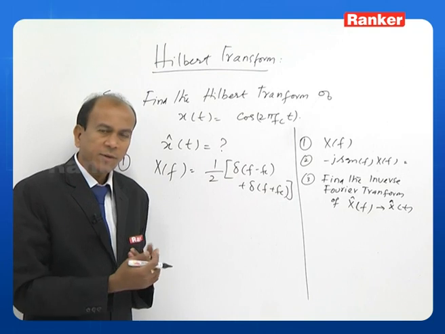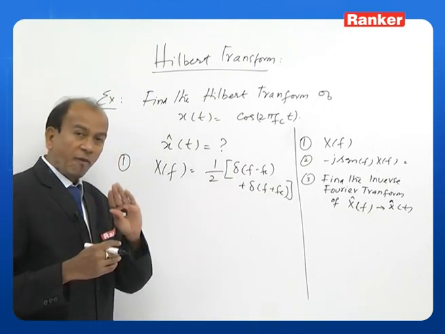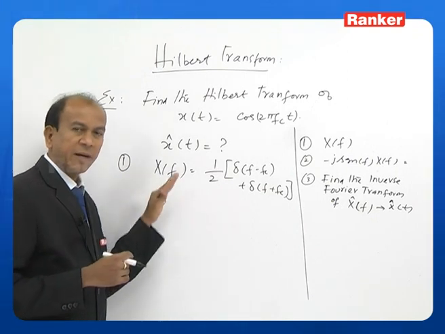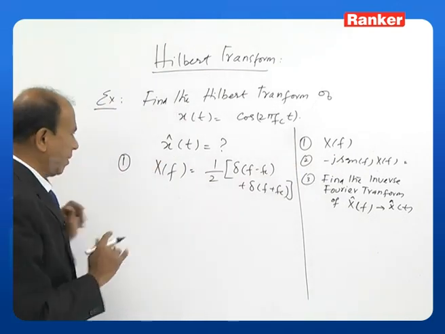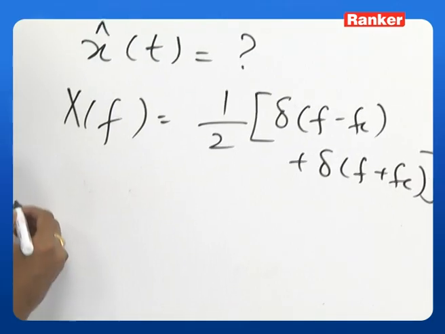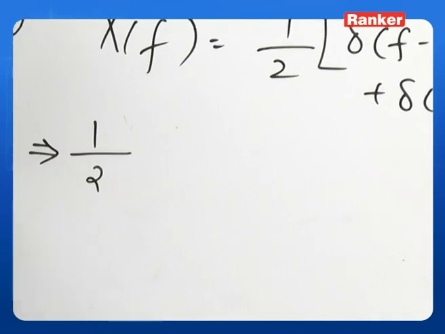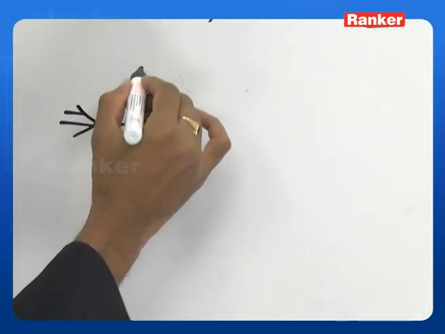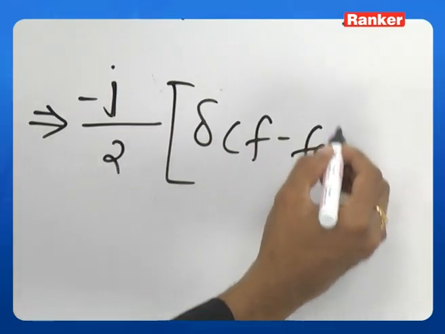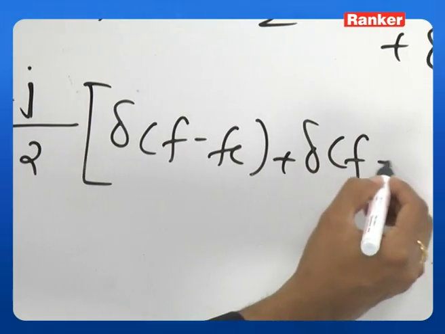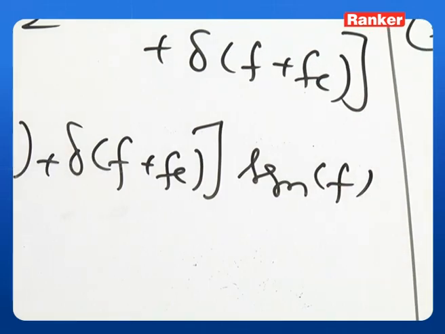Now, what is it I have to do? To find out the Fourier transform of x cap of t, I should multiply this by minus j signum of f x of f. So, let us multiply it. I will take this half, minus j by 2, delta f minus fc plus delta f plus fc, signum of f.